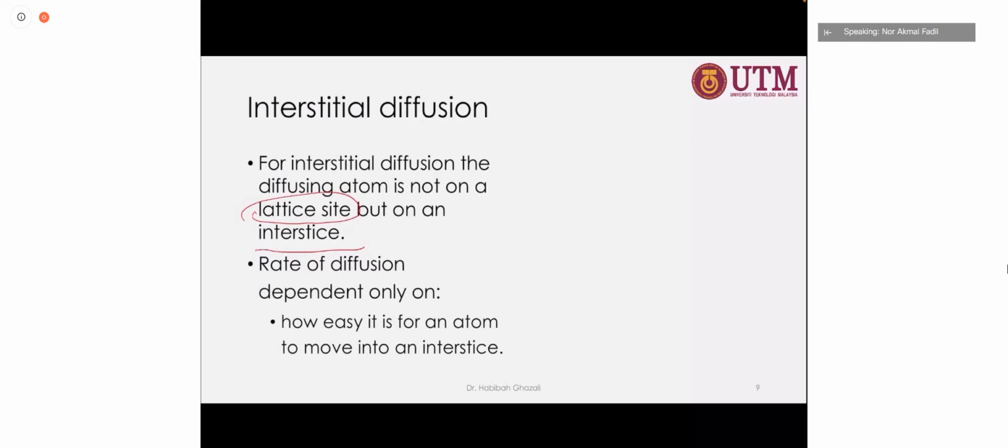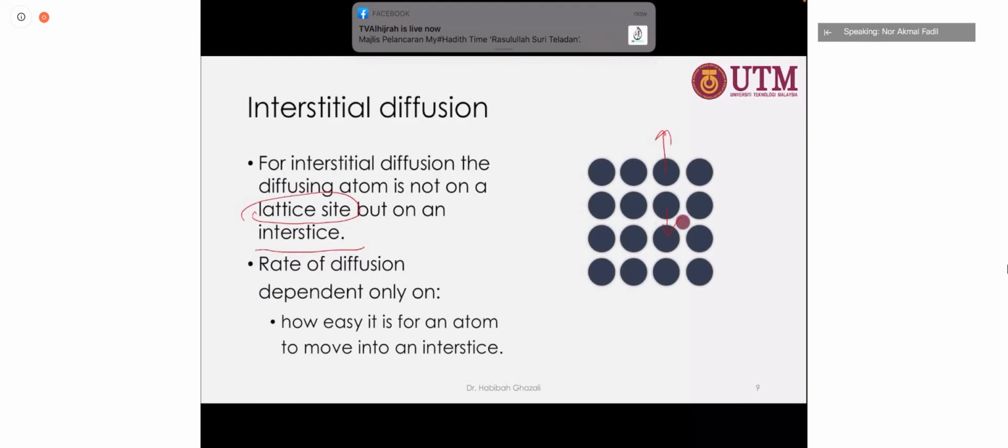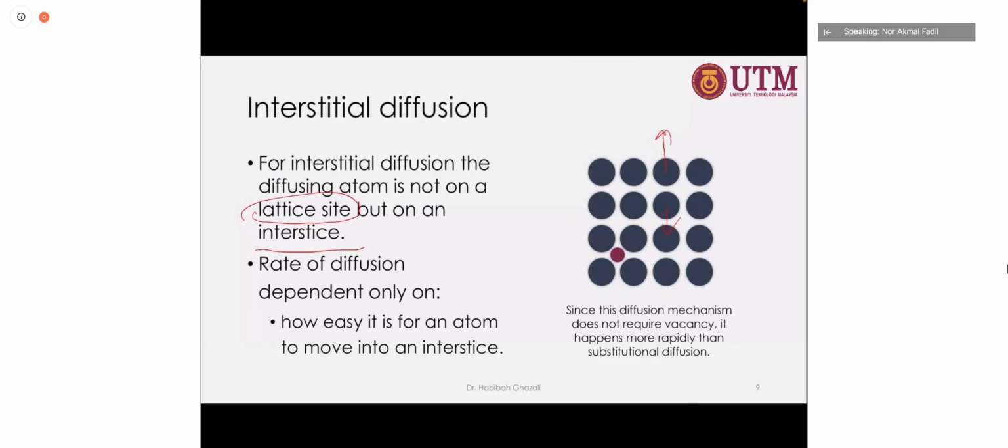The rate of diffusion depends on how easy it is for an atom to move into an interstice, that is, how much energy it receives to squeeze past these atoms to the other side. It can move anywhere. There are abundant sites, so since this diffusion mechanism does not require a vacancy, it happens more rapidly than substitutional diffusion.